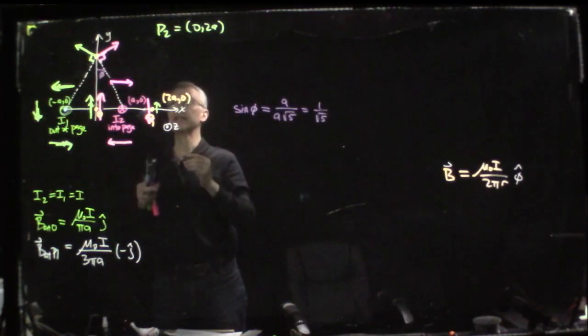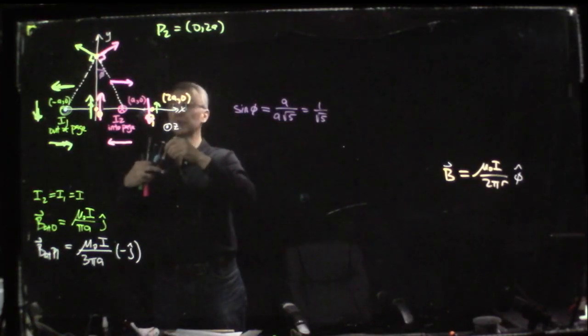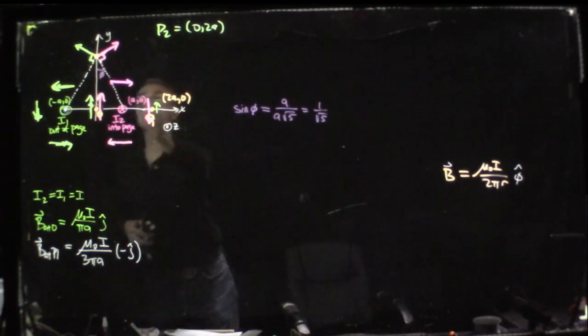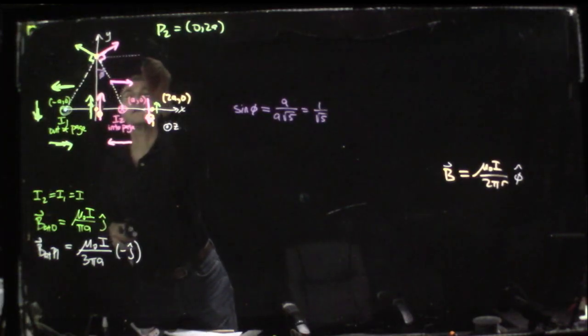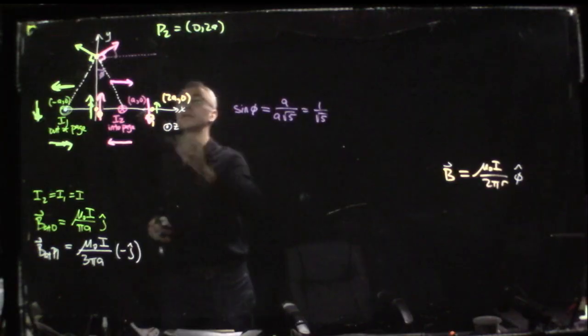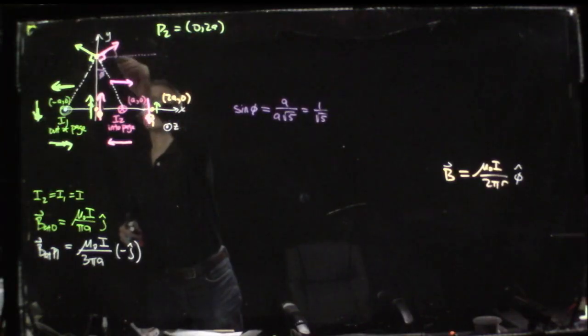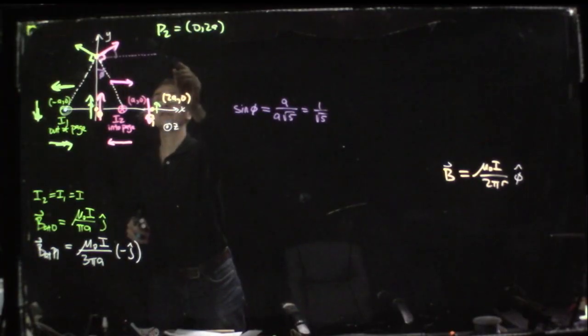So how does that relate to what we really want to know? We want to know the angle between this tangent vector and the horizontal. And the sine of that angle will give us the y component here.